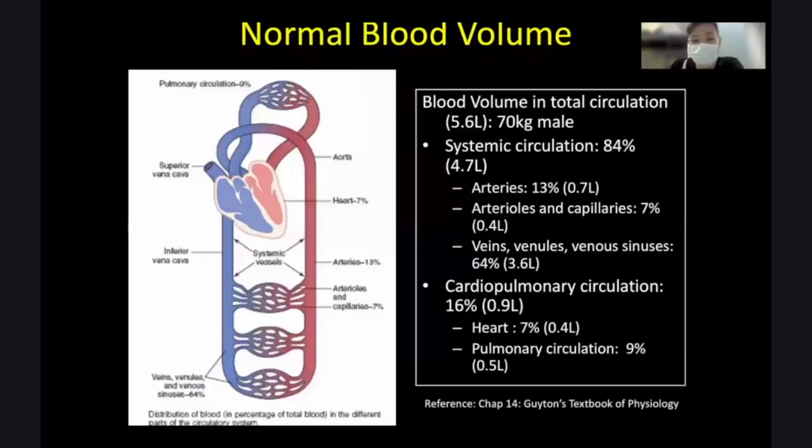So now we go to the normal blood volume. The normal blood volume in our circulation, as mentioned earlier, is 5.6 liters in a normal 70 kilogram male. 84% of which is used in our systemic circulation.